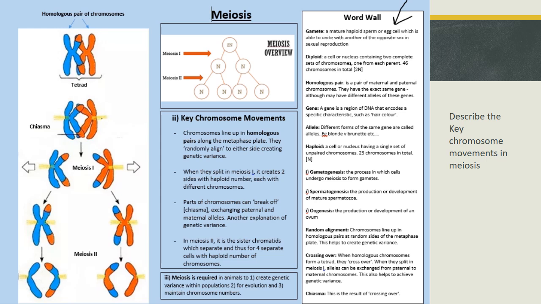I'm going to cut to the chase, what you really need to know, and you use this document and video to the best of your ability to help you piece together the different bits. Okay, so there are 2 aspects that you need to know about meiosis.